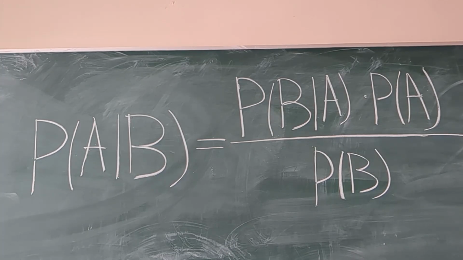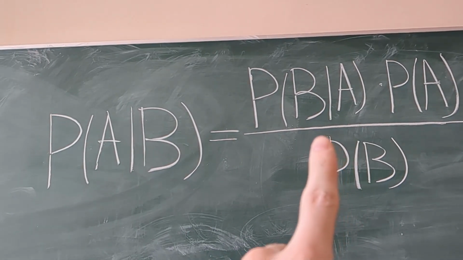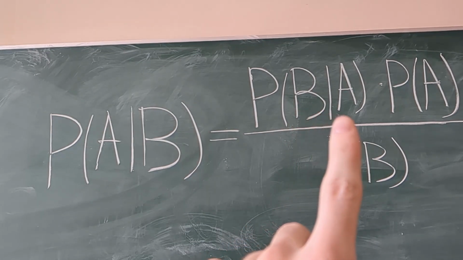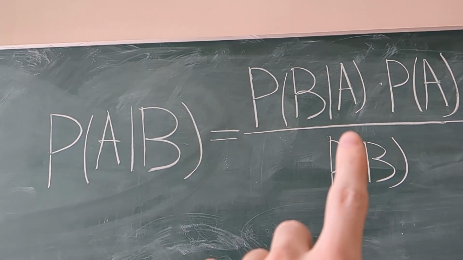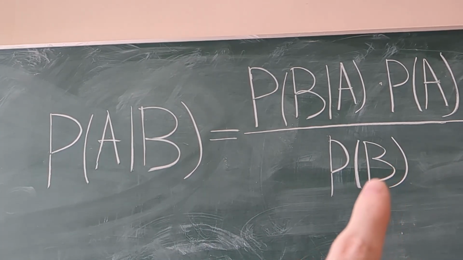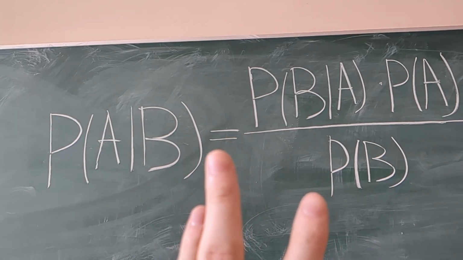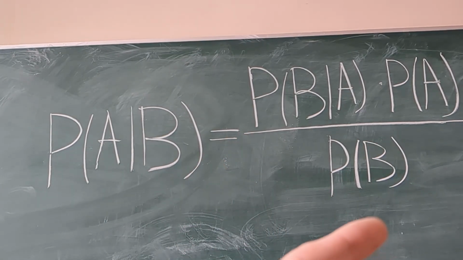At the same time, we need to know the first: how often does event B occur when every event A occurs? The second: what is the probability of A independent of other events? And the third: what is the probability of B independent of other events?